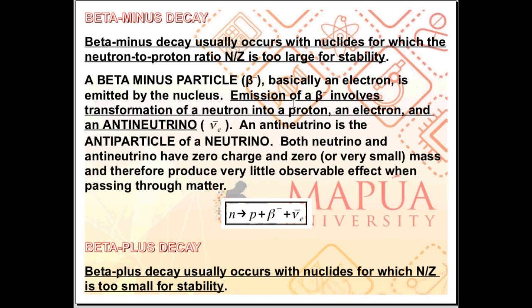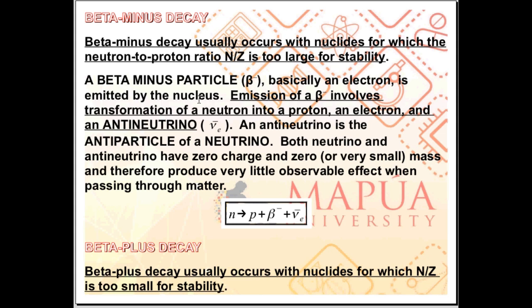Emission of a beta minus particle involves transformation of a neutron into a proton and an electron. But a nucleus is comprised only of protons and neutrons.